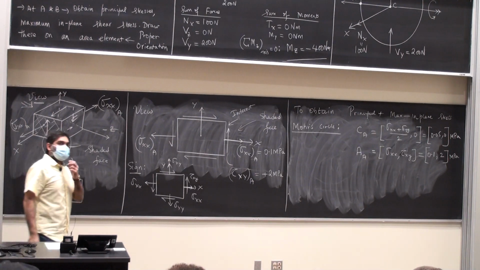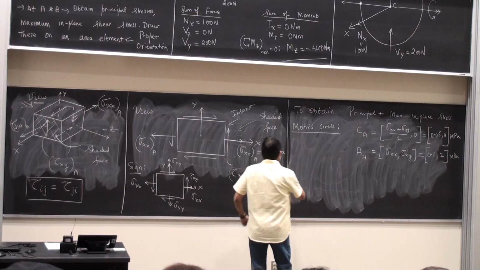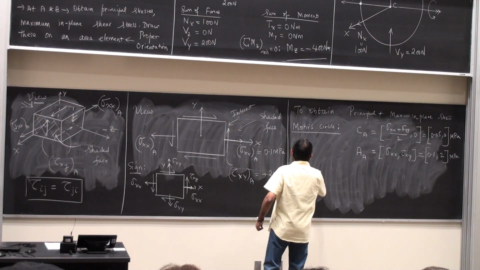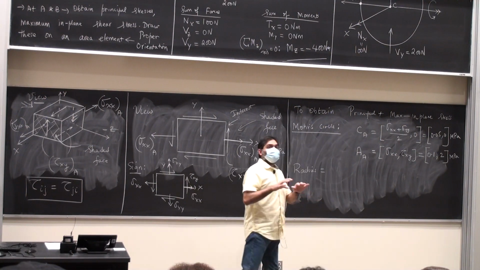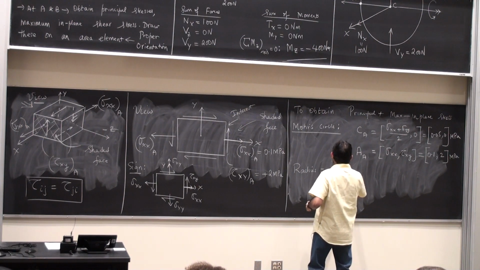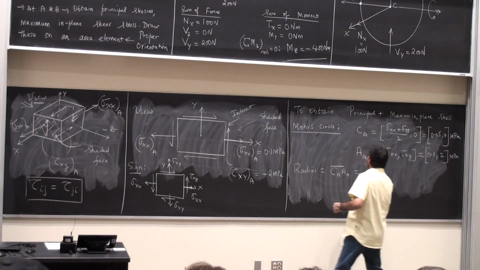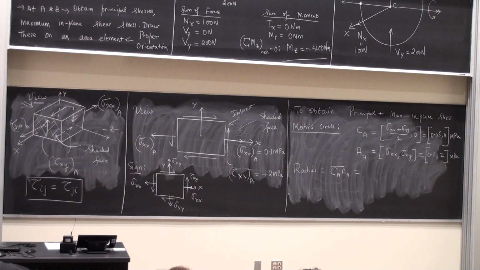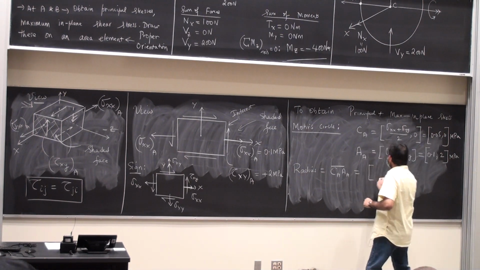One can calculate the radius of the Mohr circle. It is the distance from point C to point A, the segment length, which is the square root of the sum of the squares of the individual coordinates, the Euclidean norm.